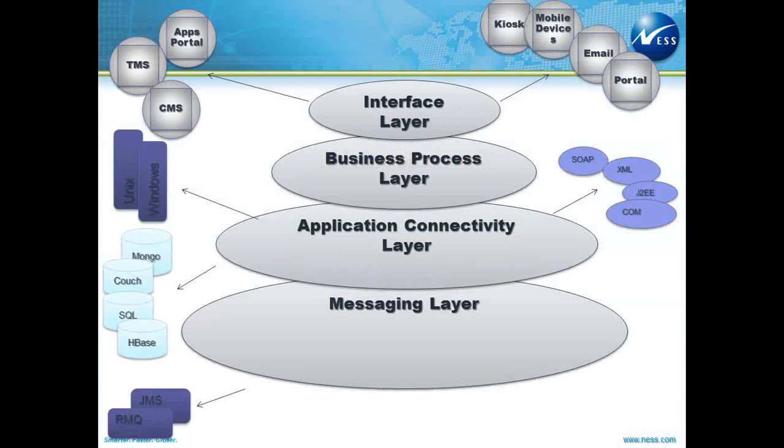We have internal facing apps like TMS, CMS, apps portal, consumed by kiosks, mobile devices, email, targeted on multiple platforms, Unix, Windows, the need to connect to multiple databases, and the need to support queues like RabbitMQ.